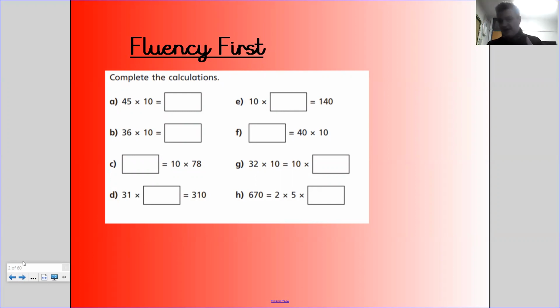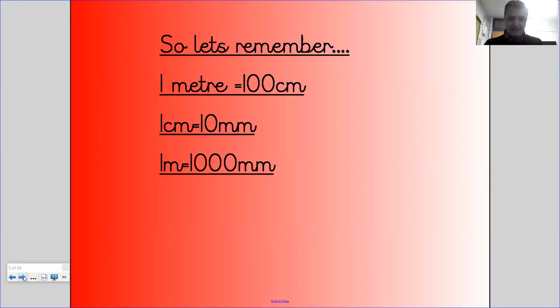We have the same amount on one side as the other side. So if I've got 10 lots of 14 on one side, I'd have 140 on the other. That's how I want to see equal. It doesn't matter which side my number is at all. Let's go on to the next slide.